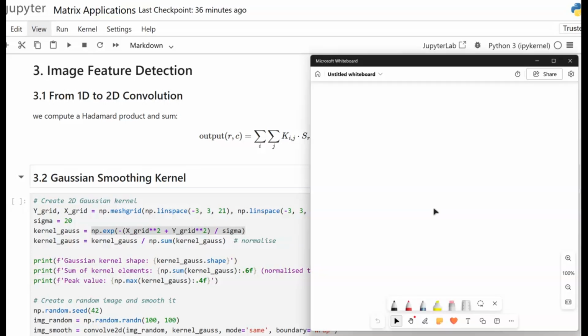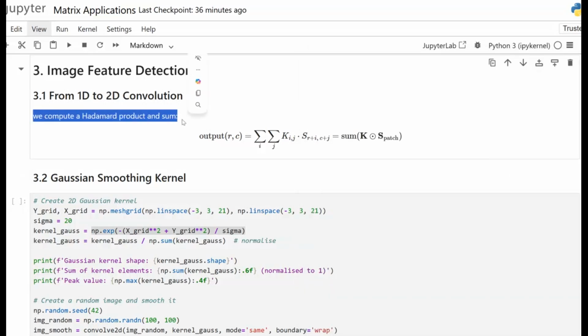This two-dimensional kernel slides across the image, and at each position we compute a Hadamard product and take the summation. What is that Hadamard product? Dear friends, kindly see here: the output at row R and column C equals the double summation over I and J of K sub IJ multiplied by S sub R plus I, C plus J. This is the Hadamard product and the summation.